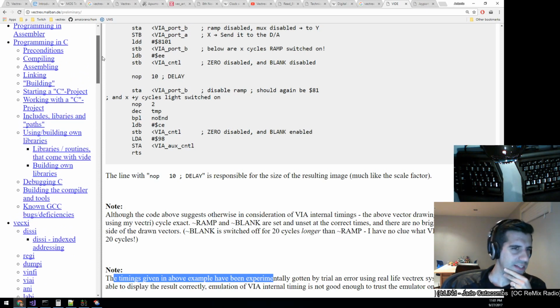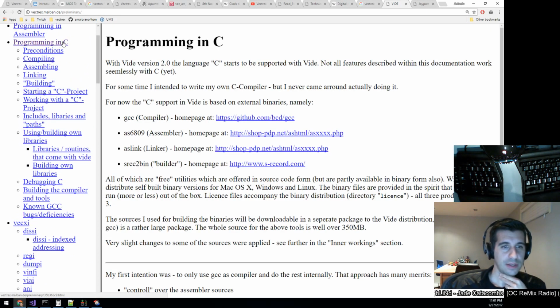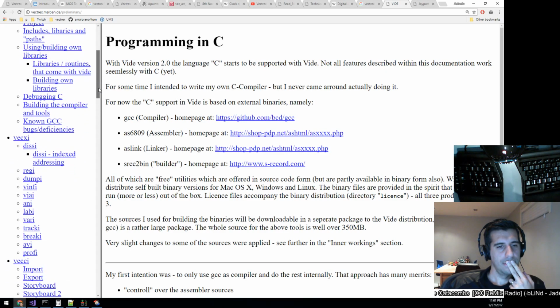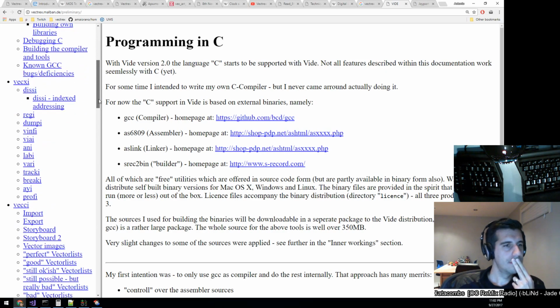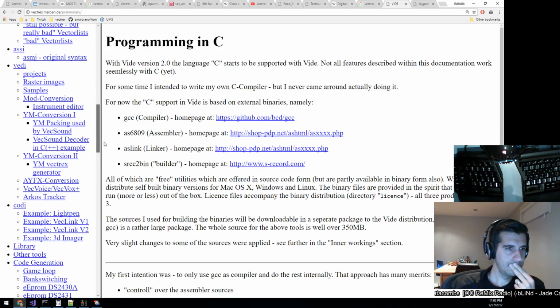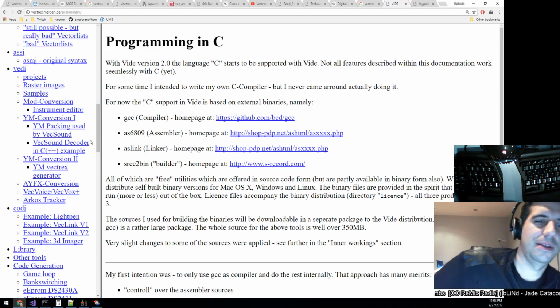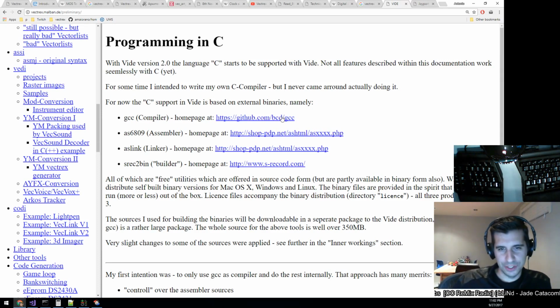It's interesting, he has a section on programming in C. That's pretty cool. It would be interesting to write a Vectrex game in C++. Since it uses GCC to compile, it should work.